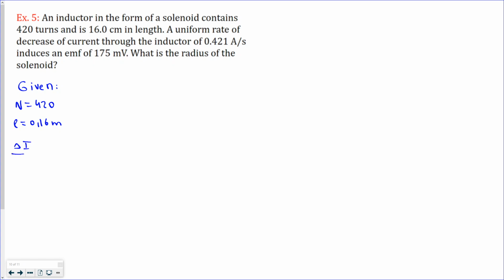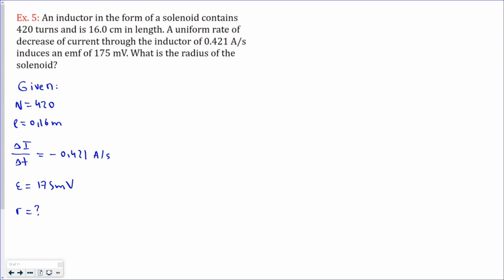It is delta I over delta T. Decrease means it will be minus 0.421 amperes per second. So we have an induced EMF of 175 millivolts, and we need to find the radius of the solenoid.